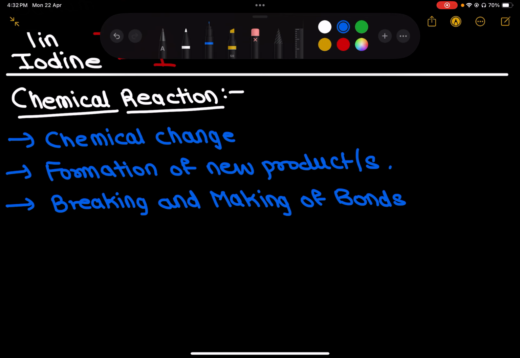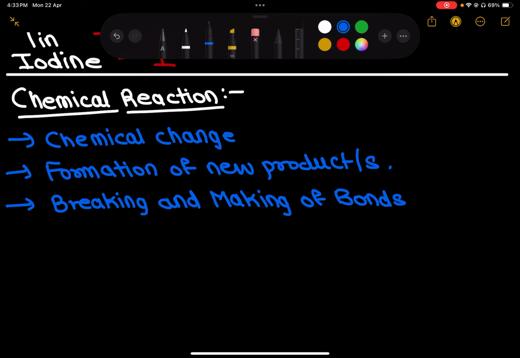Okay, second point is formation of new products. Whenever reactants or substances react to form a new product or products, then a chemical reaction has taken place. And the third one is breaking and making of bonds. So in a chemical reaction, basically what happens is that the reactants have some atoms, right? They have their atoms in a particular structure.